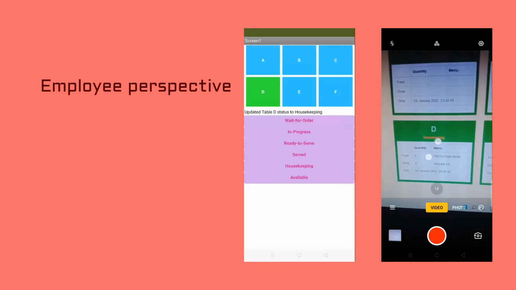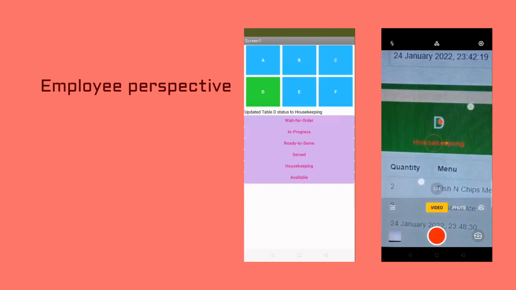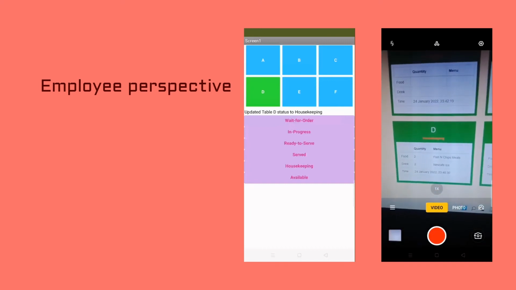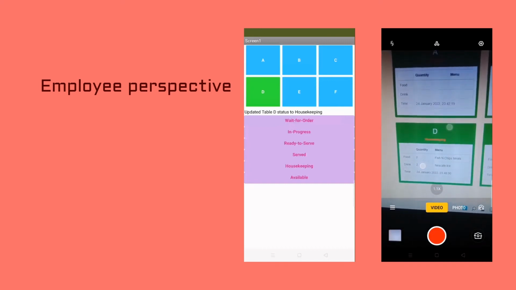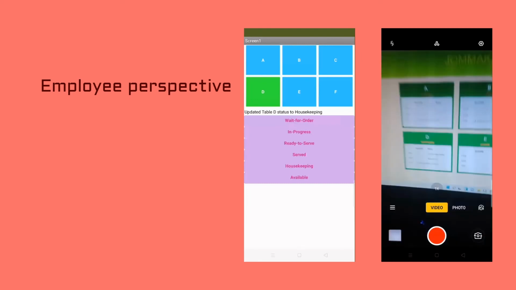So next, we will see how it changed on the dashboard on this screen. The status for table D has been changed to housekeeping.